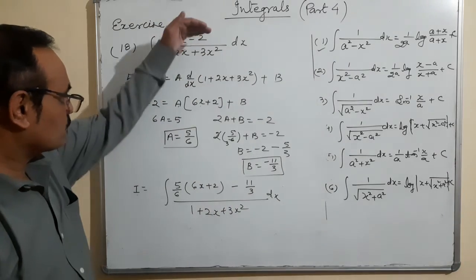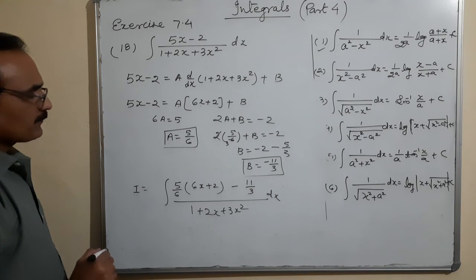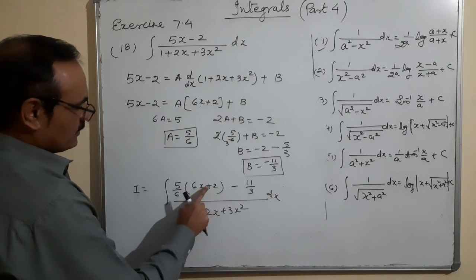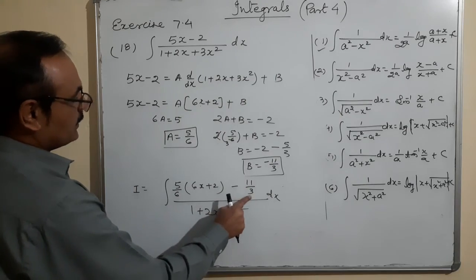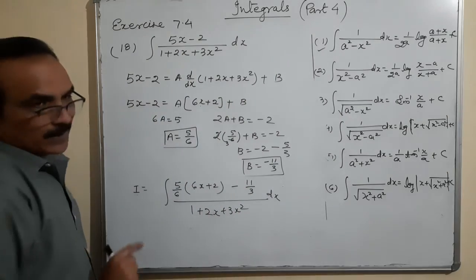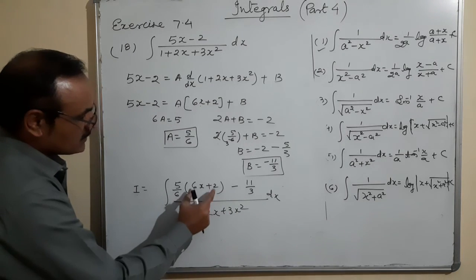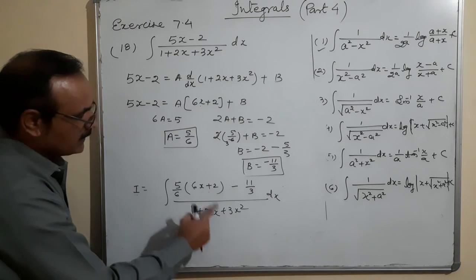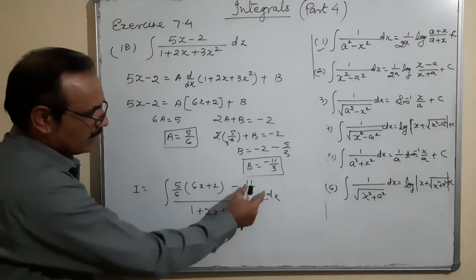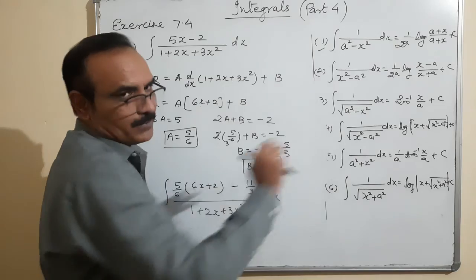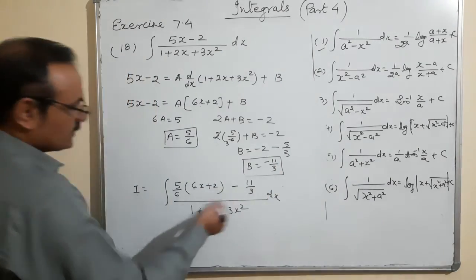You can check it, both the values are the same. 6 5s are 30x plus 10 minus 22 divided by 6, 5x minus 2 is coming. When we separate it, the first term is simply t, dx dt, it will be cancelled. And in the second term there is no variable, so we can make it into the form of this formula. So that is the procedure.